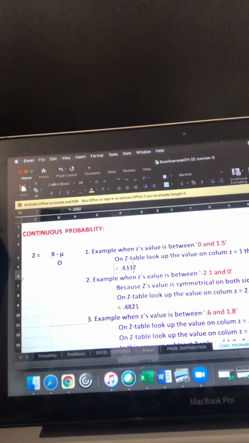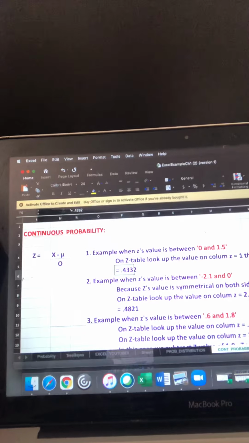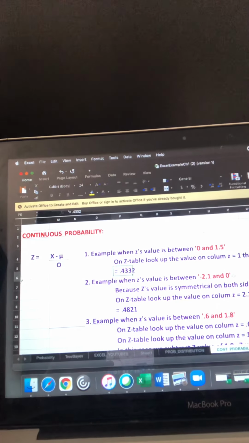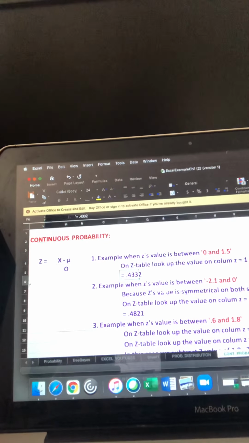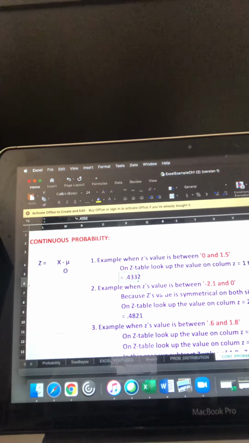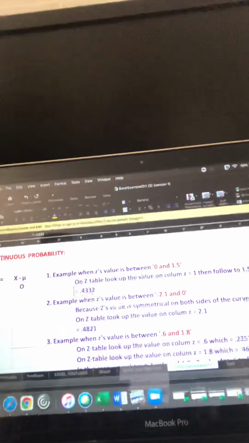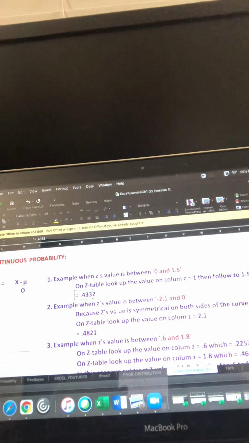Now, what if we have a negative value under the curve? In this instance, we have minus 2.1 and 0. The way we would look at that value is, because the curve is symmetrical on both sides, a minus 2.1 would also be equal to a positive 2.1 under the curve.